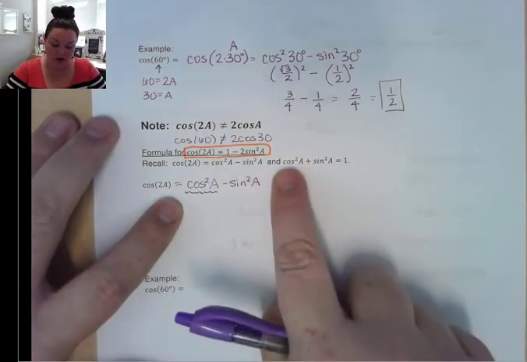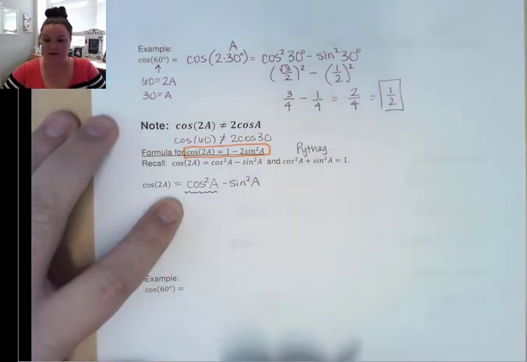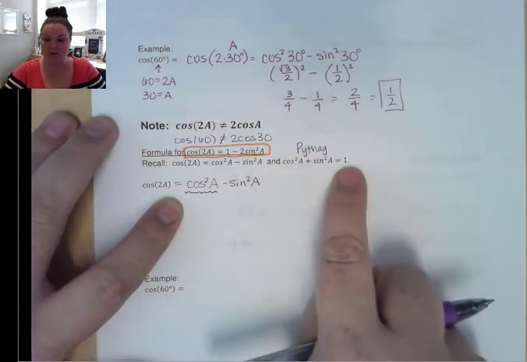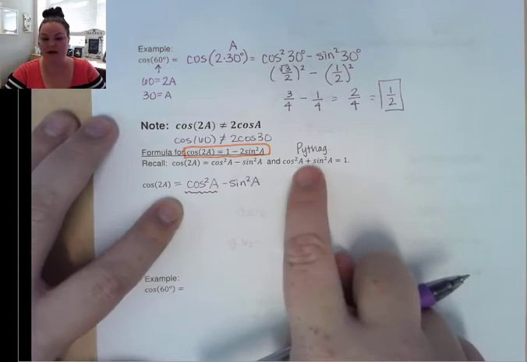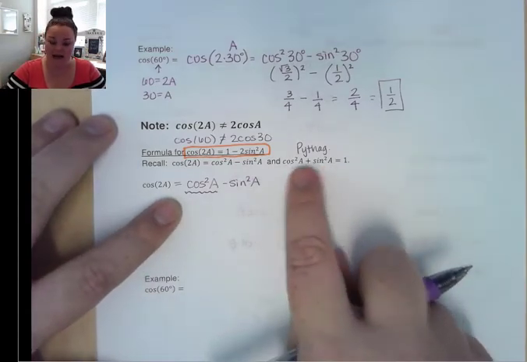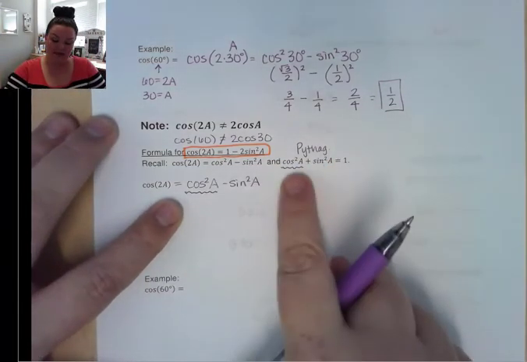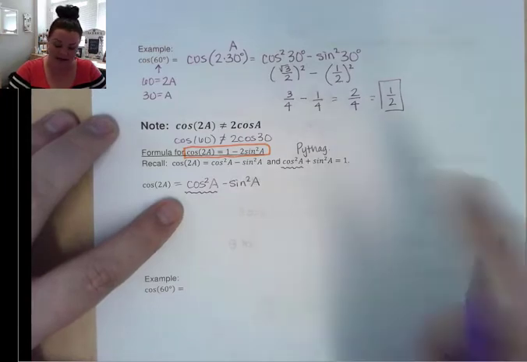So I can use our Pythagorean identity. They have these two terms written backwards, but same idea. Cosine squared plus sine squared equals 1, and I can solve it for cosine squared a.